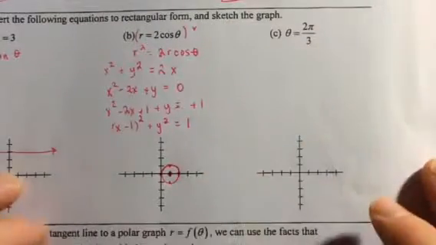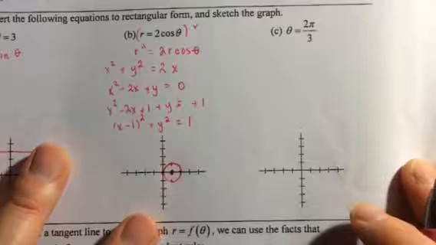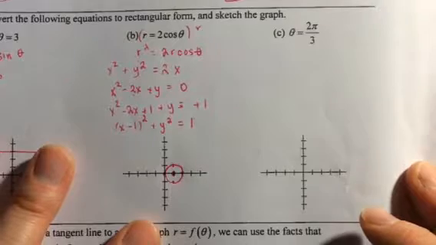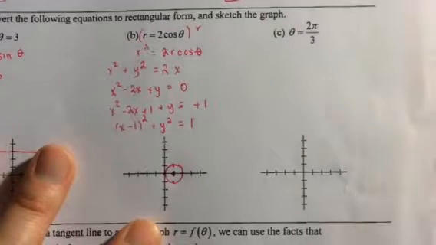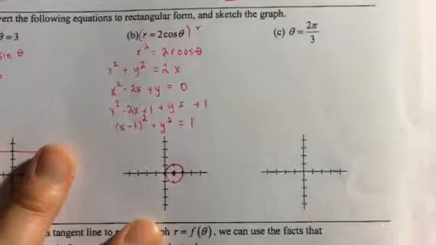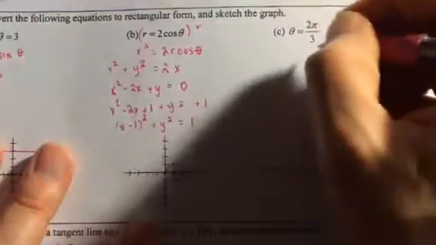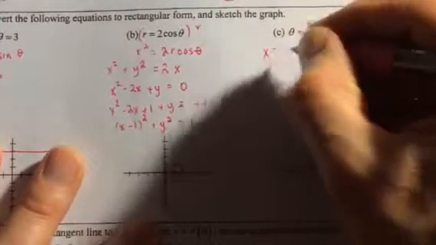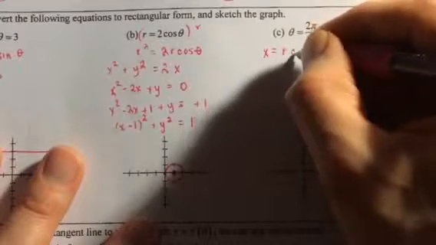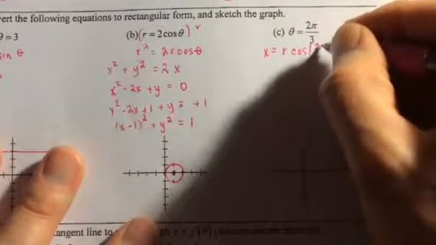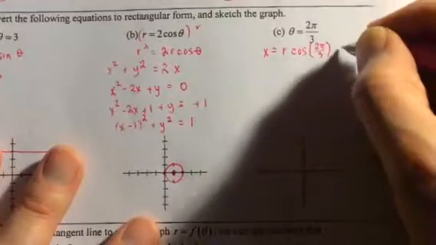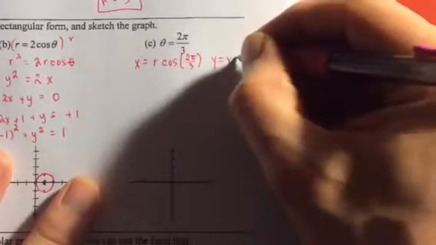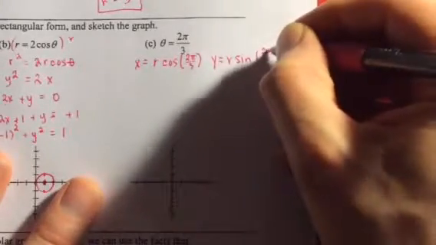All right, next up is C, where theta is equal to 2 pi over 3. So we need to think about what the cosine of 2 pi over 3 and what the sine of 2 pi over 3 would be, because we know that x would be equal to r times the cosine of 2 pi over 3, and that y would be equal to r times the sine of 2 pi over 3.